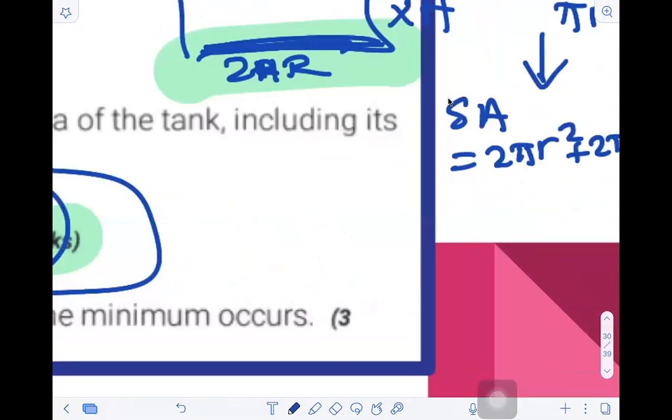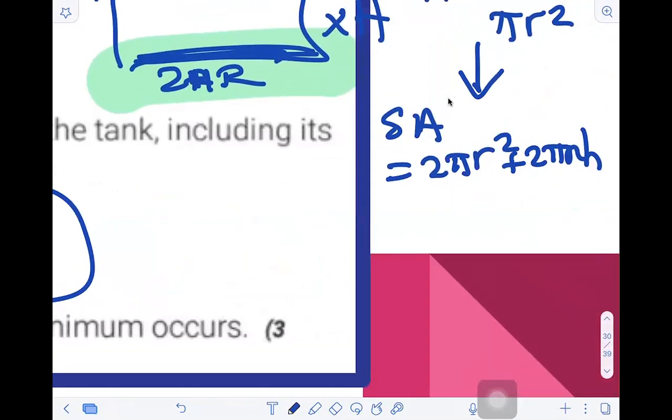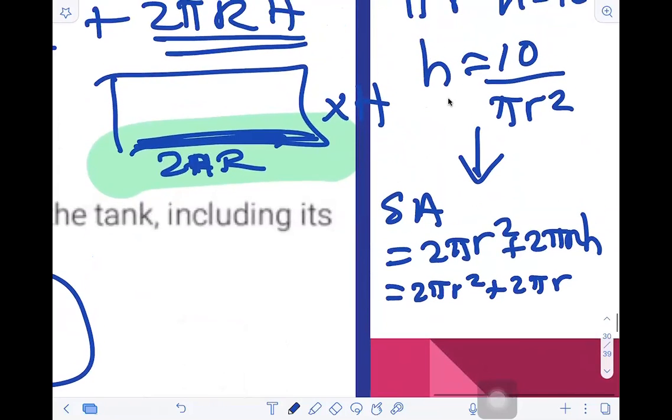All right, so we then need to just sub this in. So it's 2 pi r squared plus 2 pi r times 10 on pi r squared. All right, so now cancelling, pi's go out, r's go out.